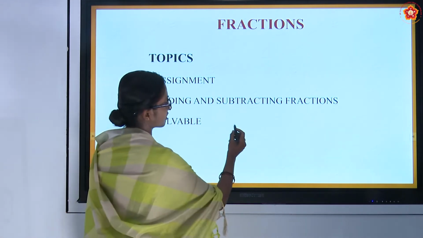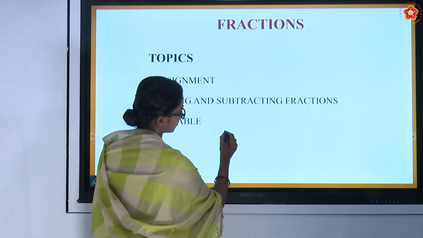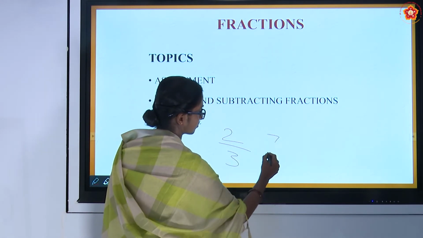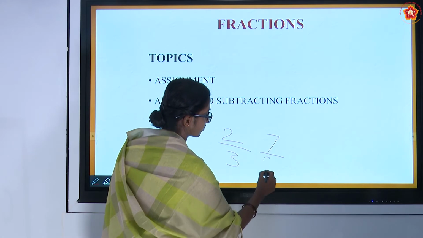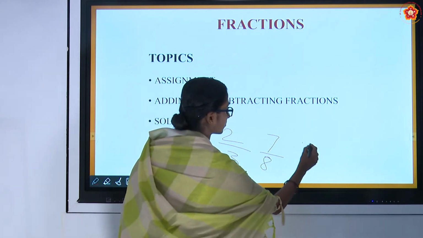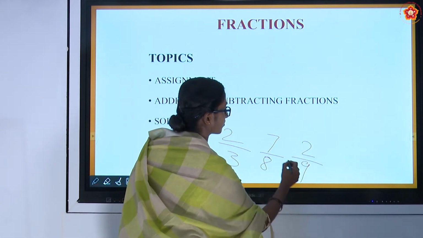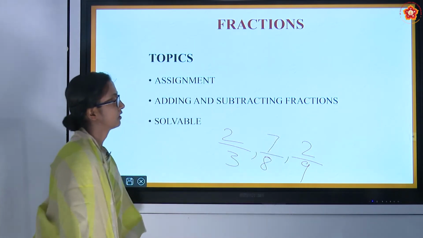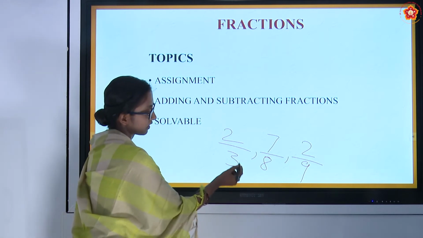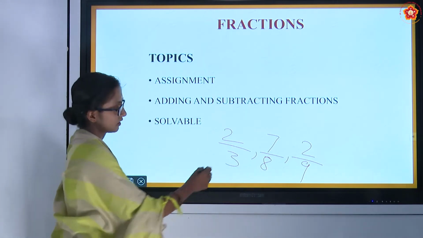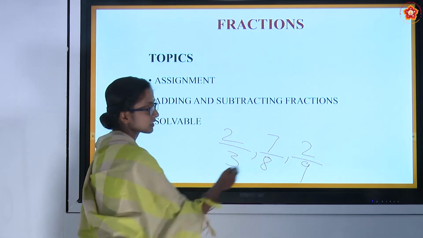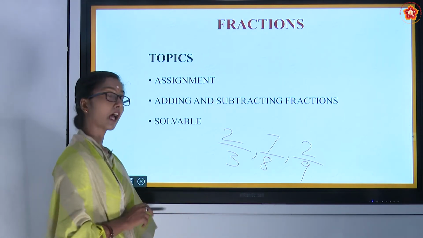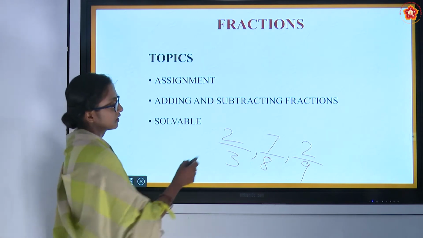Unlike fractions. Among these three, the denominators are different. All three fractions have different denominators, so they can be considered unlike fractions.